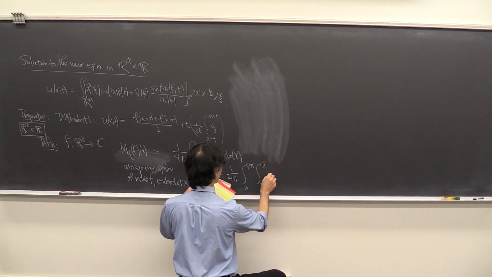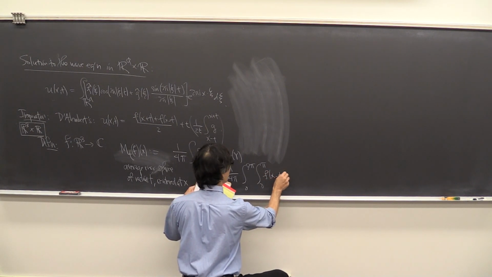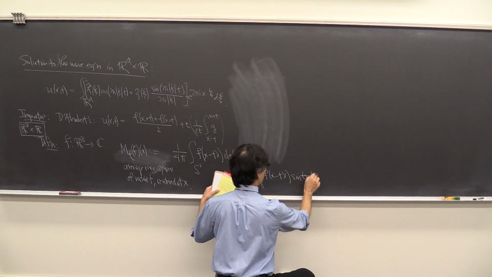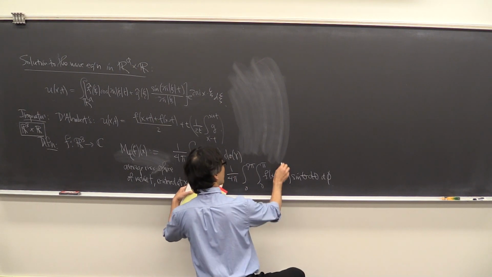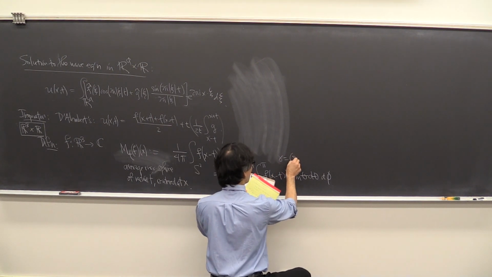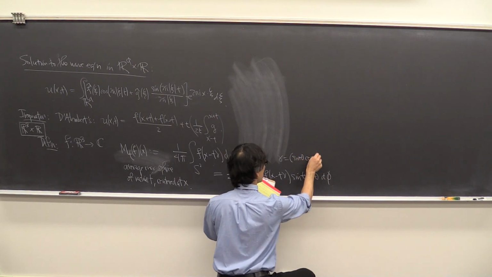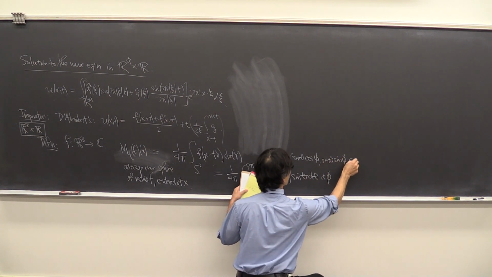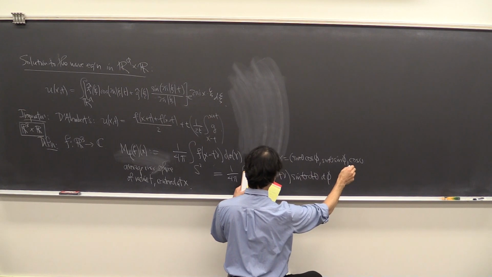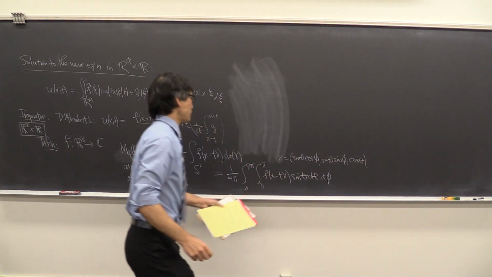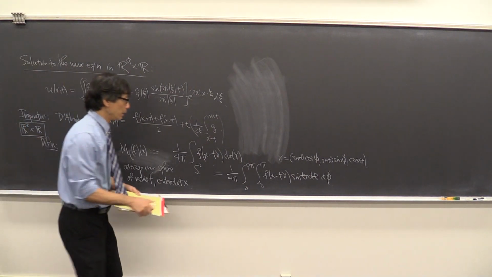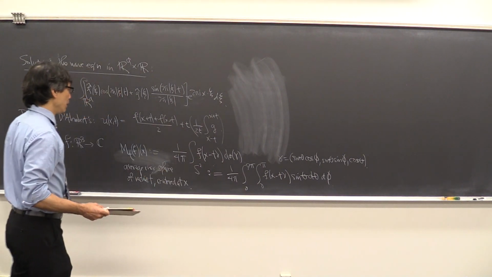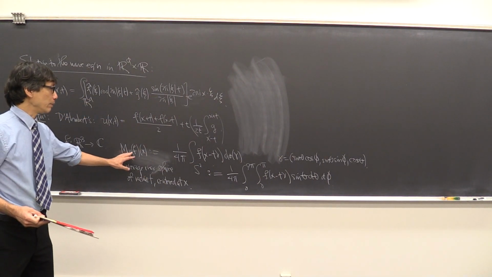So this is f of x minus t gamma, sine theta d theta d phi, where gamma is (sine theta cosine phi, sine theta sine phi, cosine theta). Yeah. So this thing here was basically an abbreviation for this.